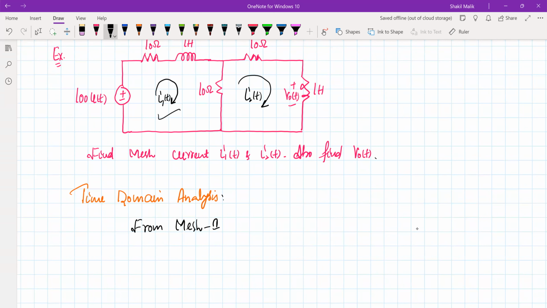If we write the KVL for this mesh, we have 100 minus 100 u of t plus, let me drop the t and write simply I, 10 I1 plus L di by dt. The voltage drop across the inductor is L di by dt. L is 1, so it will be simply di1 by dt plus 10 times I1 minus I2, and this is equal to 0.